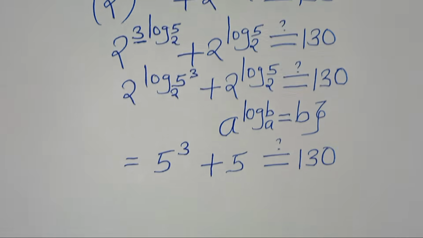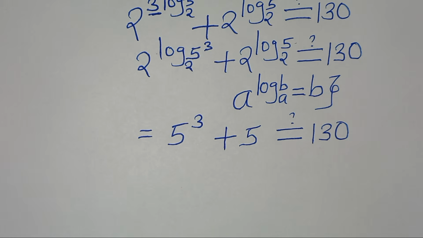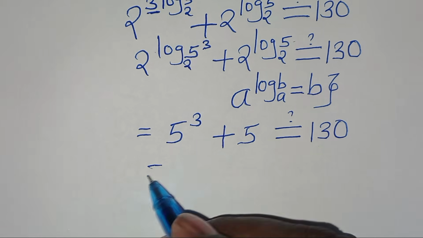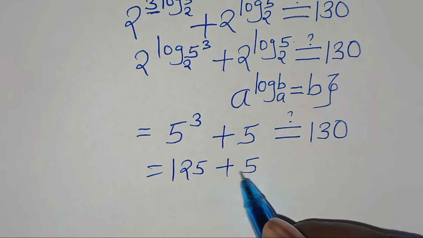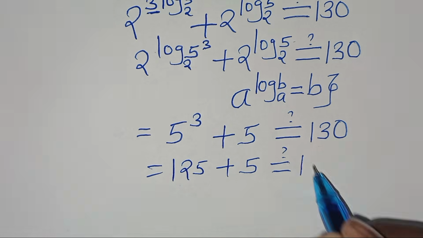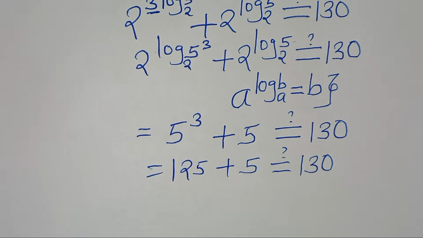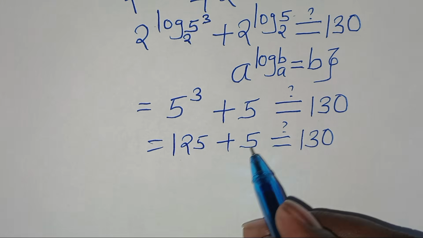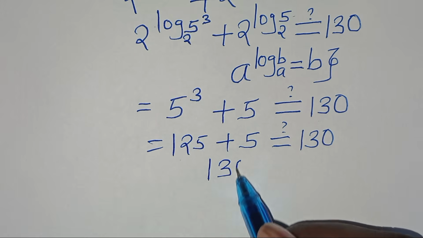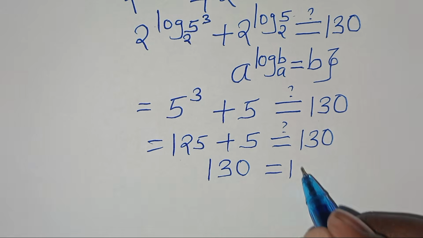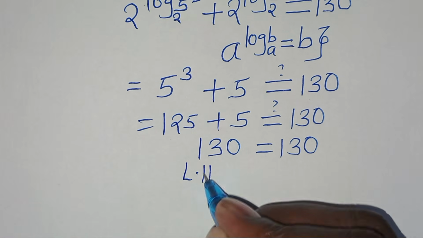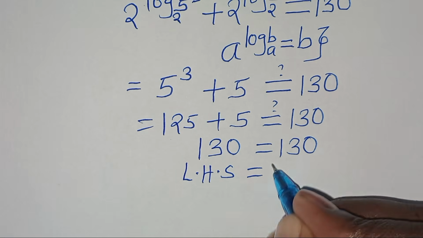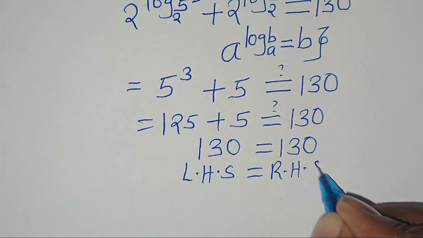So we have 5 to the power of 3, this is equal to 125, then plus 5. So 125 plus 5 is 130, which is equal to 130. So we have that the left hand side is equal to the right hand side.